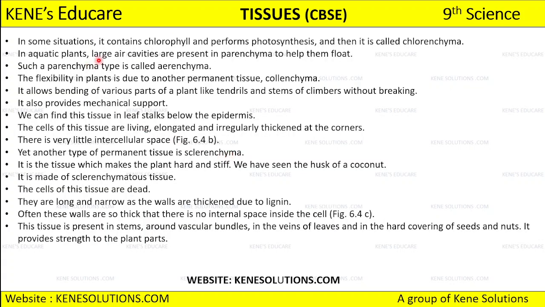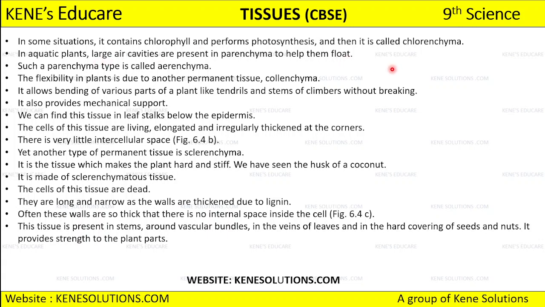So in some situations you will see, अगर parenchyma के पास chlorophyll है, okay, what did I say? In some situations, अगर parenchyma के पास chlorophyll है and if it is performing photosynthesis, then we call that as chlorenchyma. क्या बोलेंगे हम उसको? We are going to call that as chlorenchyma.